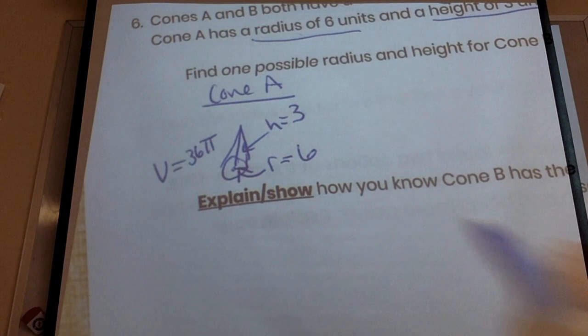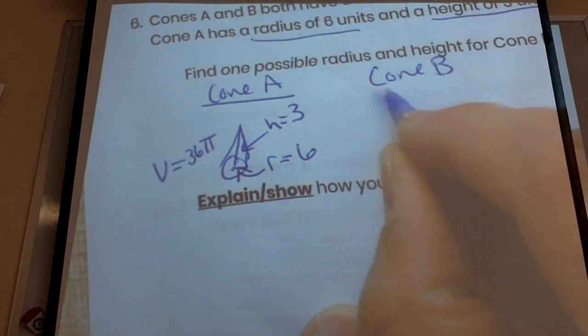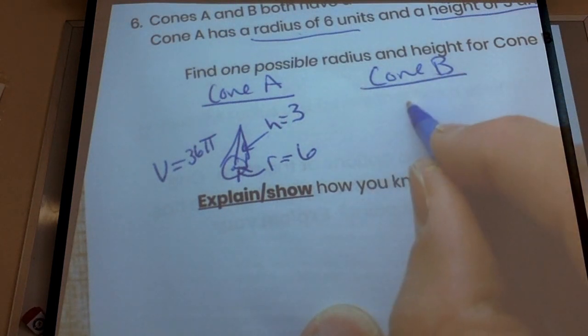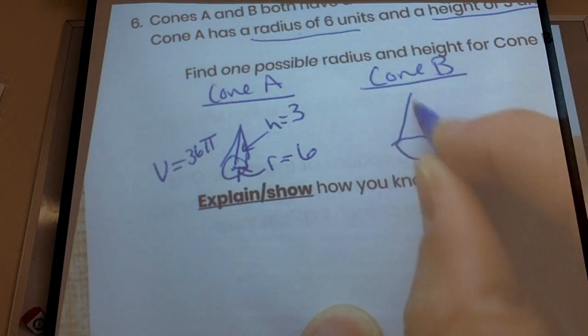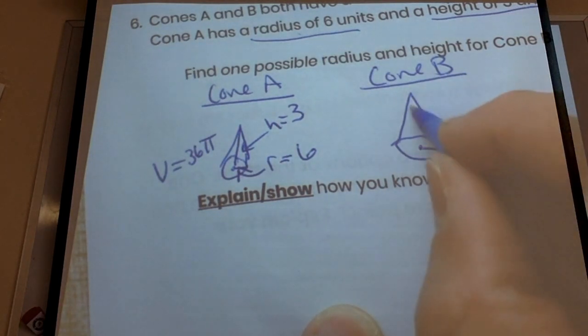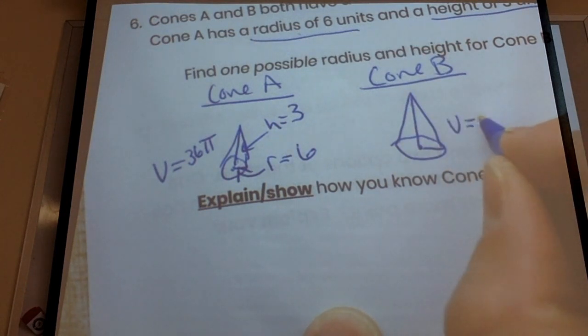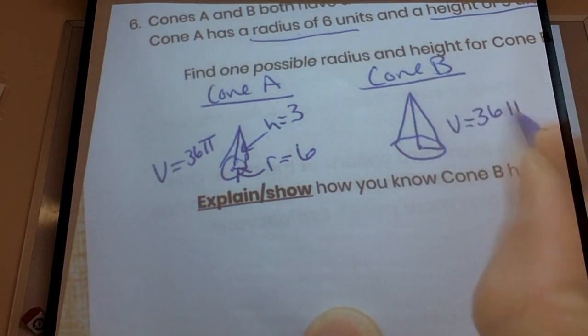Those are the three things. Now they're asking us to come up with another cone that has different dimensions, but it has the same exact volume. So we need to have a volume of 36 pi.